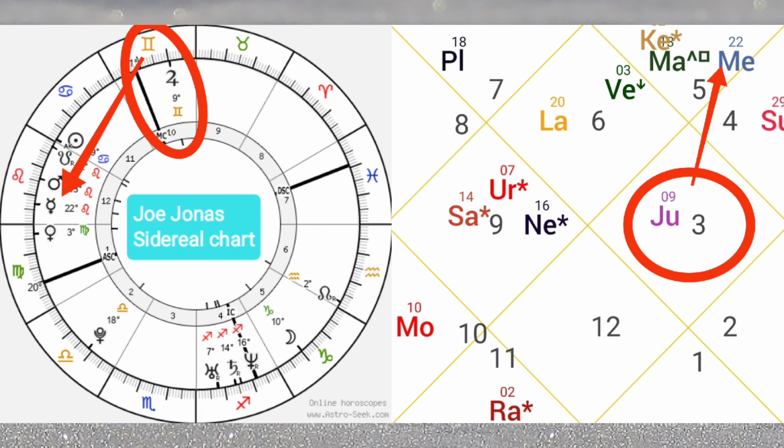So let's start with the 10th house. When I'm looking at the 10th house that represents work environments, I'm looking for the 10th house lord or the 10th house ruler. In this case, in Joe Jonas's chart, you see there's a Gemini sign.